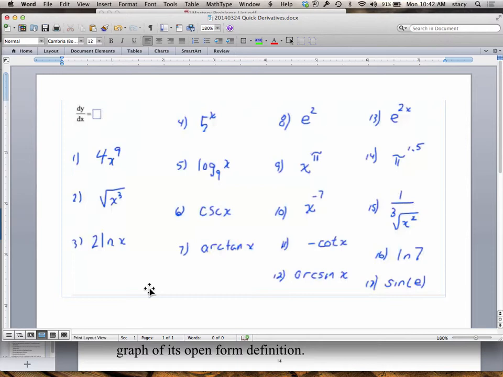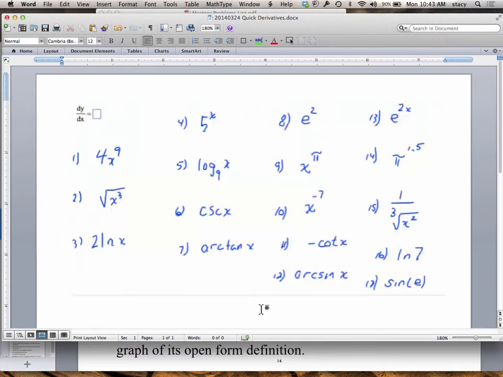Now, if you don't have all of the rules memorized, this is a good time to challenge yourself. But if you don't have them memorized, it is okay if you want to pull out the list that I posted on Blackboard of the summary list of all the rules you have to memorize. And if you need to use that for today, okay. But just remember, by Thursday, you need to be able to do these without that list, okay?